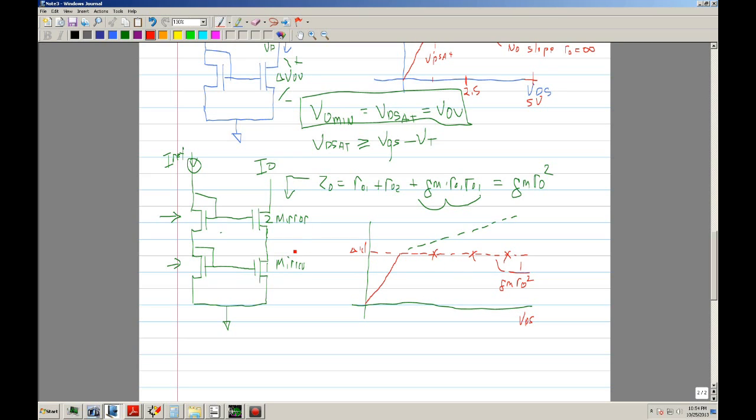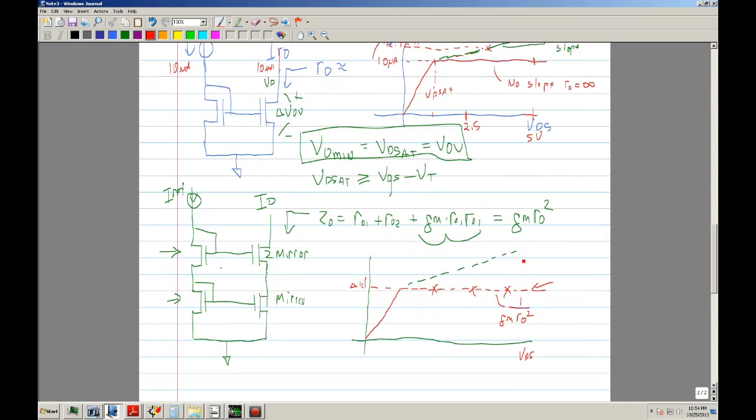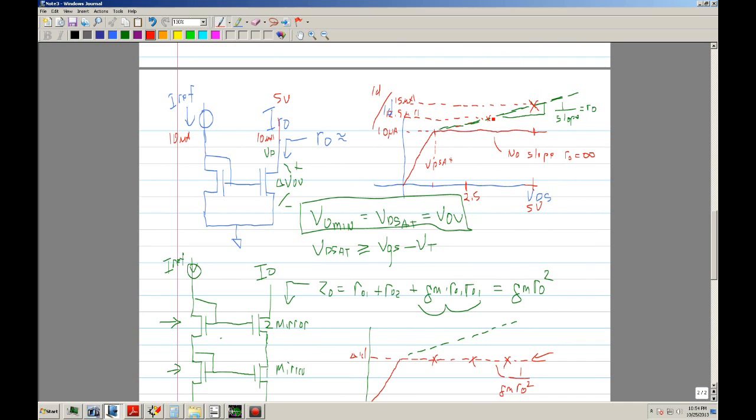That's very important to know: because you cascode them, it greatly increases the resistance, and through that action it makes the slope flat, and it gets rid of the variations that we saw by using just one.